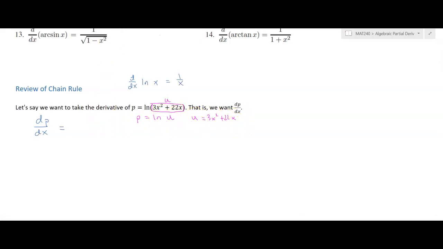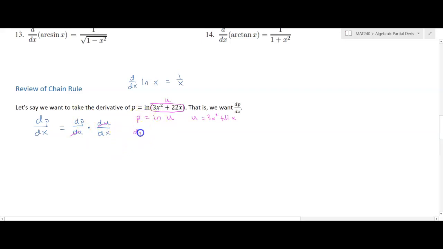And as we'll learn later with the multivariable chain rule, if you take the derivative of p with respect to u, and then you take the derivative of u, this second guy here, with respect to x, and if you multiply them together, you can see that the du's cancel, and what you've really computed is the derivative of p with respect to x. So now I can apply that.